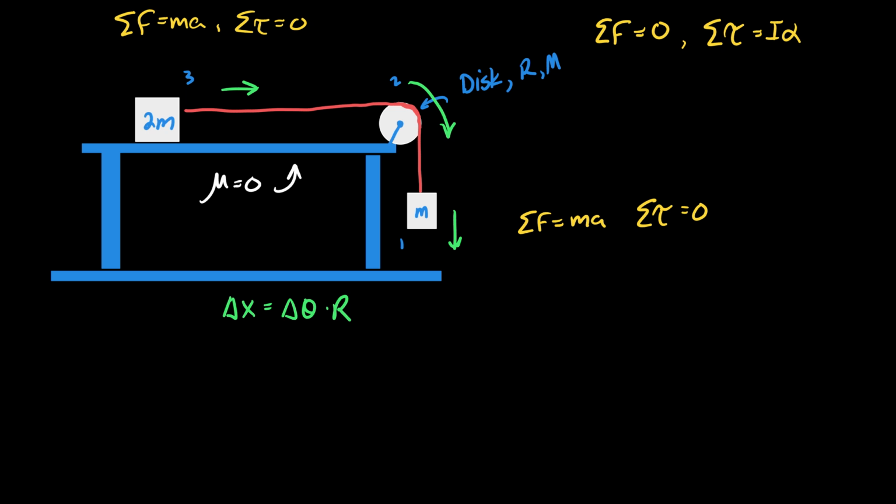Meaning I want to be able to say that the motion of the pulley is directly related to the motion of the boxes. Otherwise, if they're unrelated, I don't know how the motion of these things are connected. But you still should ask yourself this question. So if the string doesn't slip across the pulley, then all three of these will be true. This is the condition for rolling and for no slipping on a pulley.